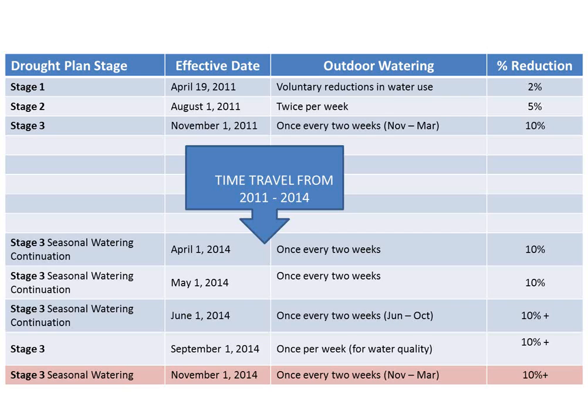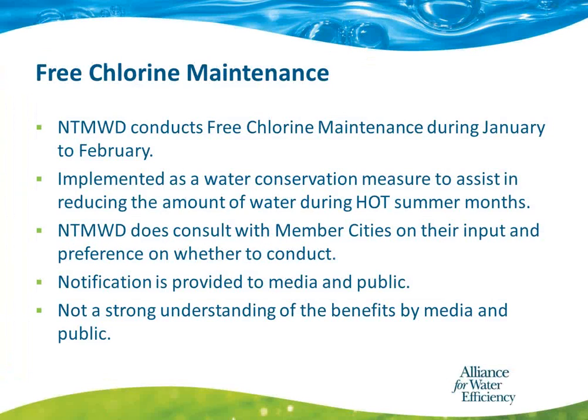Not knowing what the summer was going to hold for us in regards to weather, we were anticipating something similar to 2011, where we had the highest temperatures for a record number of days, highest max demands. It broke all records for 2011. We extended our seasonal watering through the summer, which was once every 2 weeks. We extended that through this past summer. Next slide.